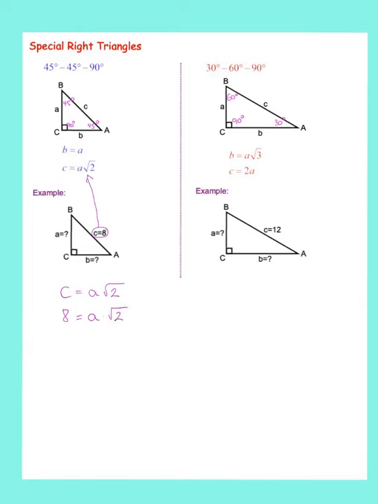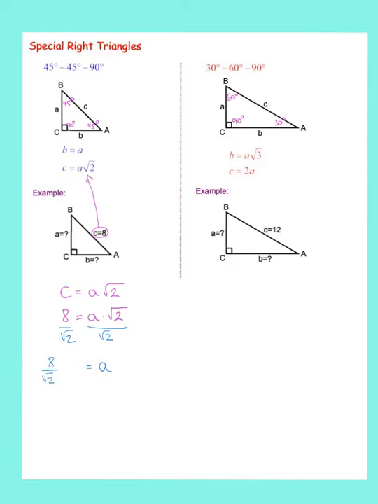To solve for A, we are going to divide both sides by the square root of 2, and we get A equals 8 divided by the square root of 2.